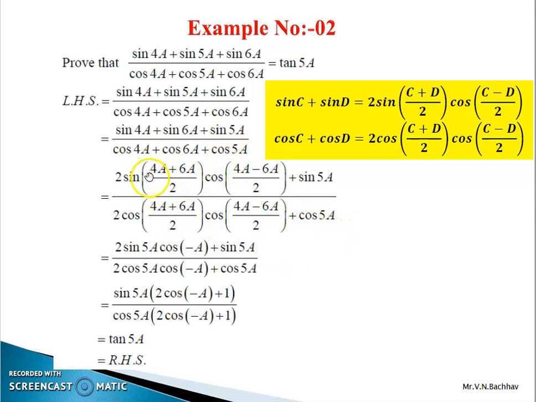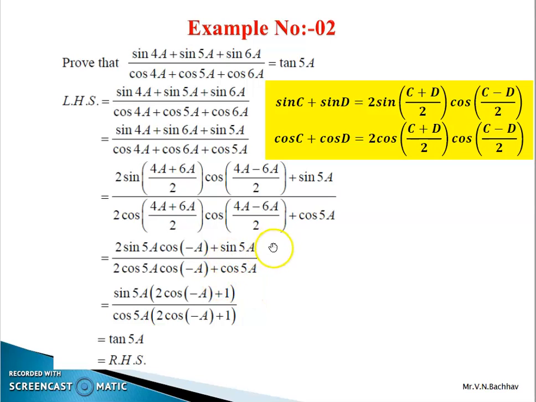We simplify this. (4a+6a)/2 means 5a. (4a-6a)/2 is minus a. Same in the denominator. 2 sin 5a cos(-a) + sin 5a, over 2 cos 5a cos(-a) + cos 5a.